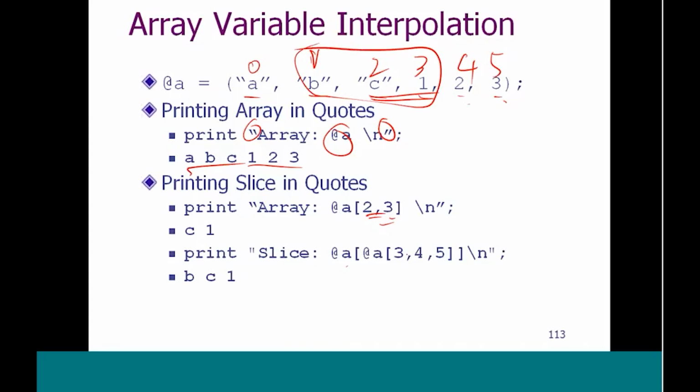So again, I want to reiterate this one. First, @A of 3, 4, 5 evaluates to 1, 2, 3, and then it prints out what is at 1, 2, and 3, which is BC1.